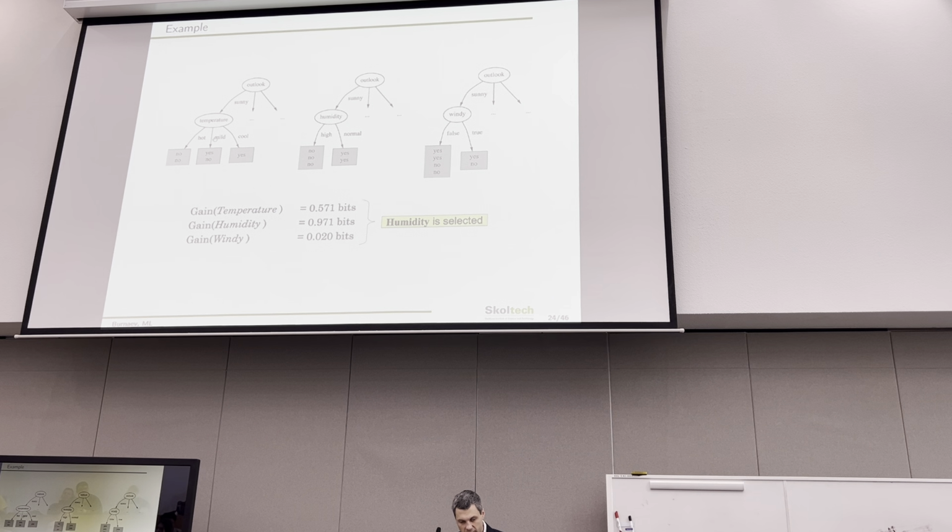And we see that the gain for the humidity is the highest. And so we select the variable humidity, which takes 2 values, high and normal.